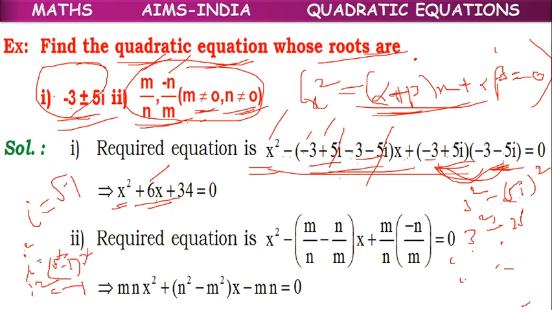So 5 square is 25 into i square, which is minus 1. Then 3 square is 9, and minus into minus is plus, so 9 plus 25, which equals 34.